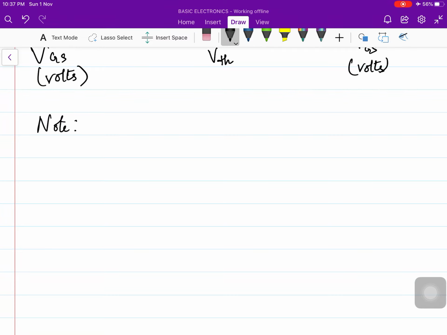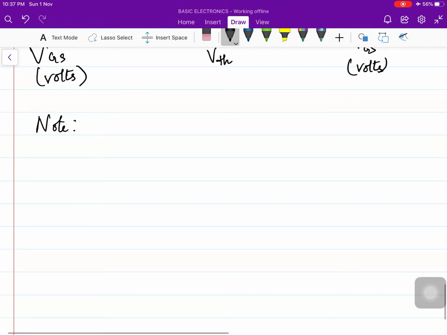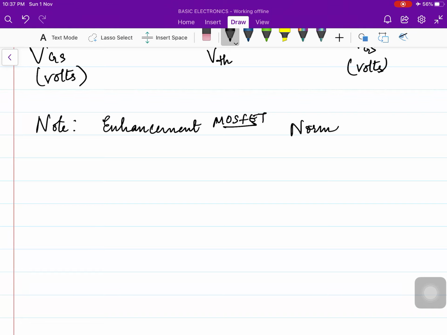Now, as we learned in the case of depletion MOSFET, that depletion MOSFET is called normally on MOSFET, similarly, enhancement MOSFET is called normally off MOSFET.